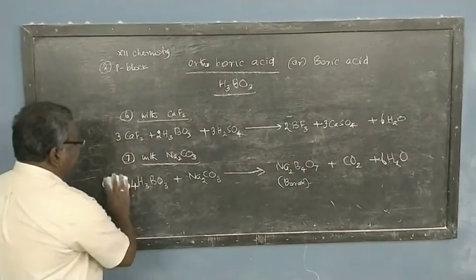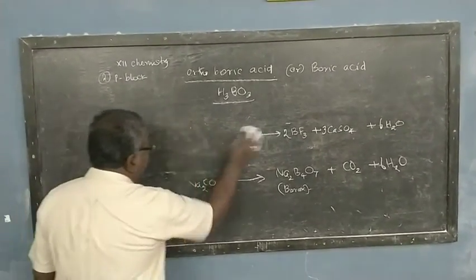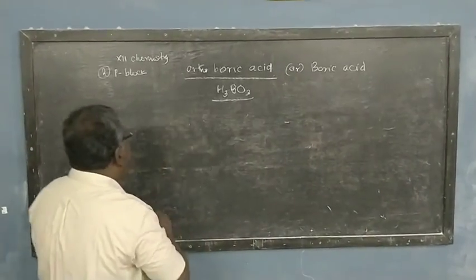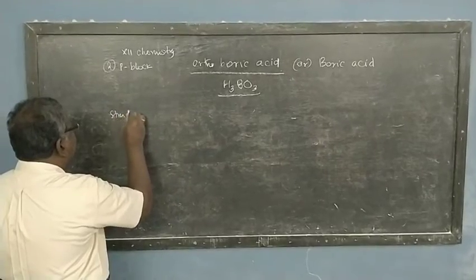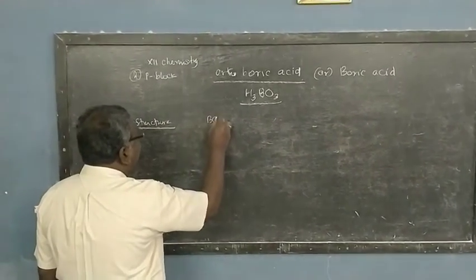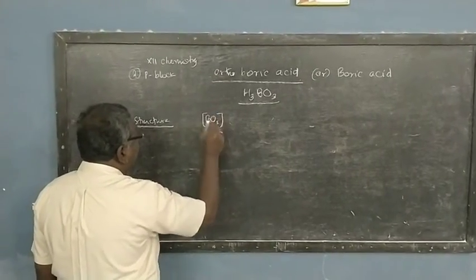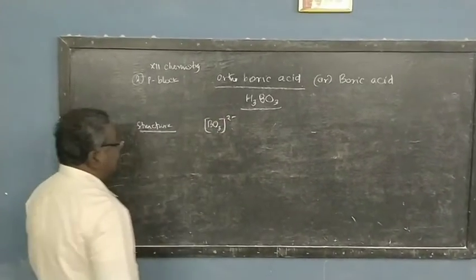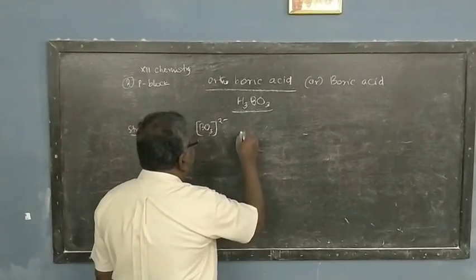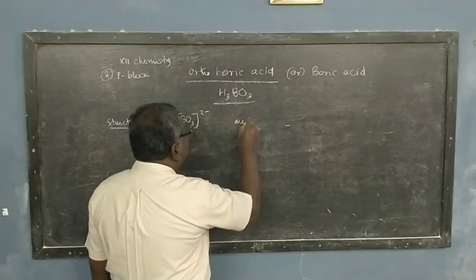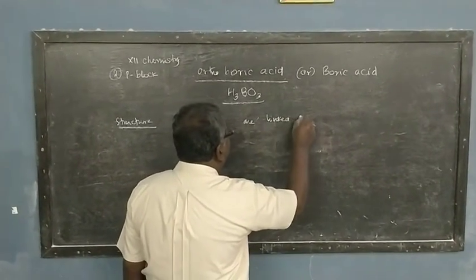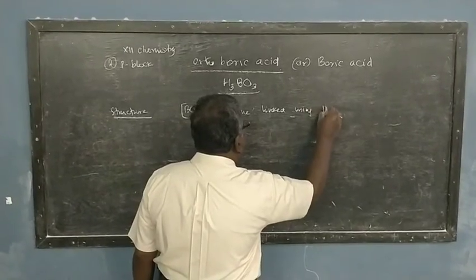Right? Then we go to the structure of boric acid. So in the structure of boric acid, the BO3 units are linked using hydrogen bonding.